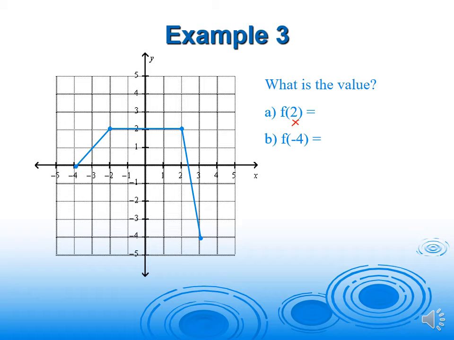So the value of y when x is 2 is right here, which is 2. So f of 2 equals 2. f of negative 4 says we go to negative 4 on x, find the y value. In this case, the y value is on the x-axis, which means the y value is 0.